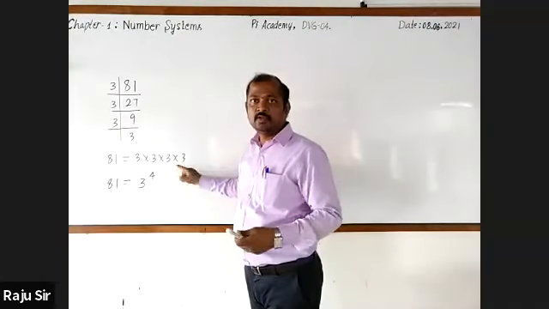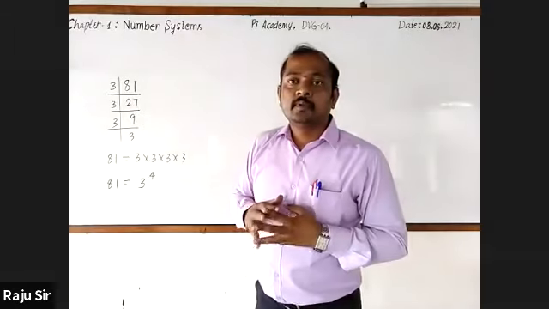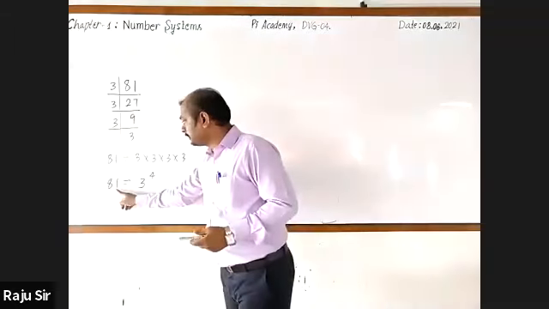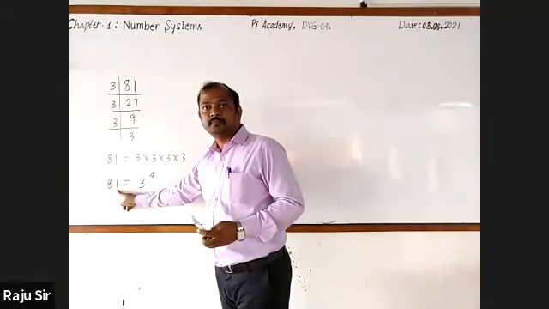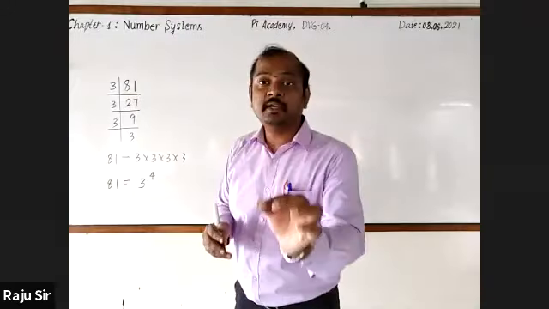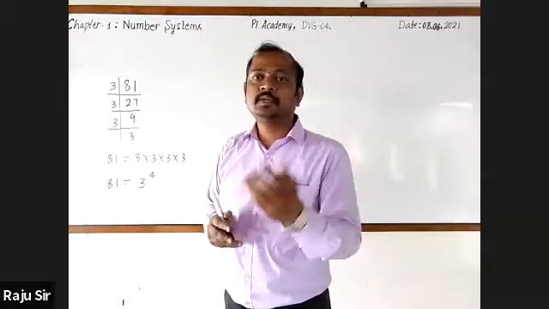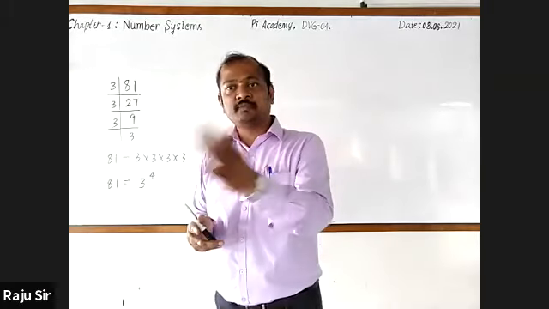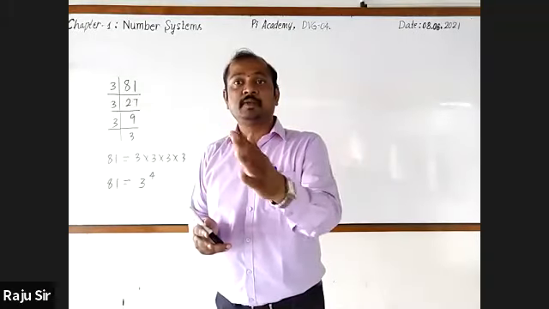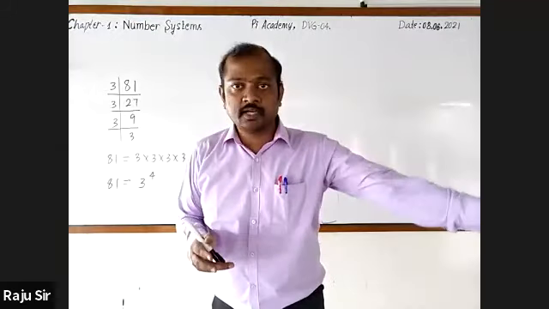Got it? So this is the method of expressing the given number as the product of its repeated factors. Factorization is the method of expressing the given number as the product of its factors.